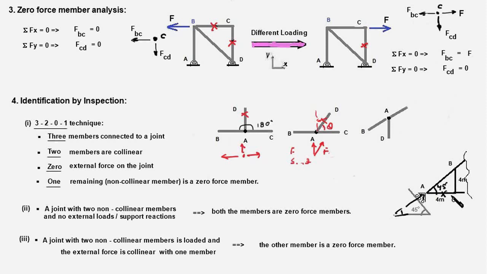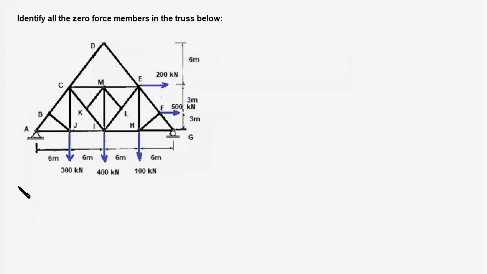So now, having learnt all the 3 rules, let us apply these rules in a full truss. First, we shall replace these 2 supports with reaction forces. 2 forces replace the pin support here, and a single force GY replaces the roller support here.